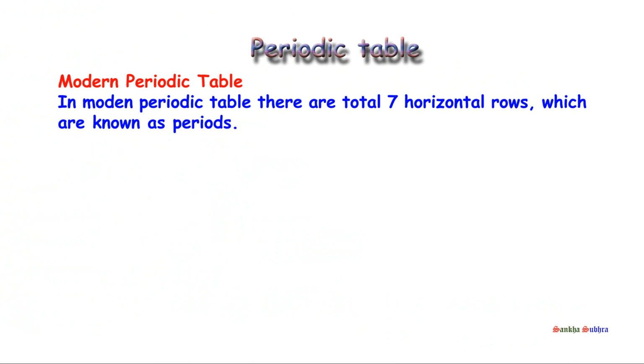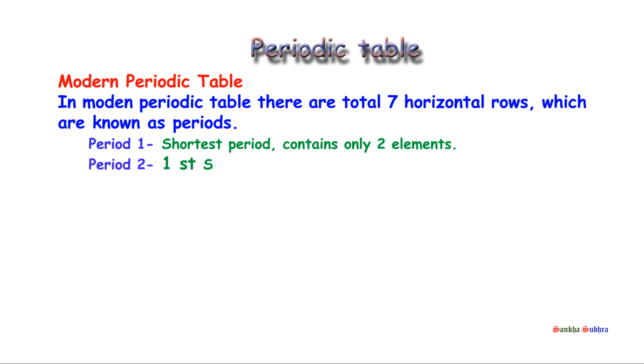On the other hand, in the modern periodic table there are a total of 7 horizontal rows, and those 7 horizontal rows are known as periods. Period 1, the shortest or very short period, contains only 2 elements. Period 2 is known as the first short period and contains only 8 elements.